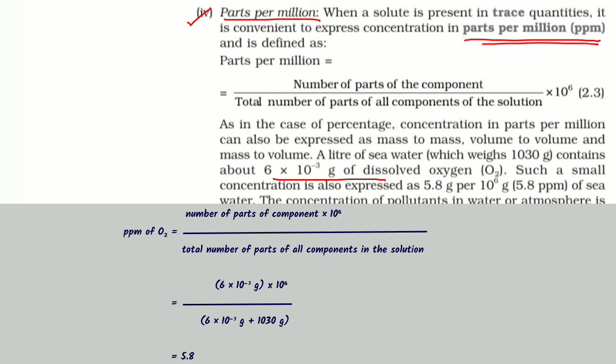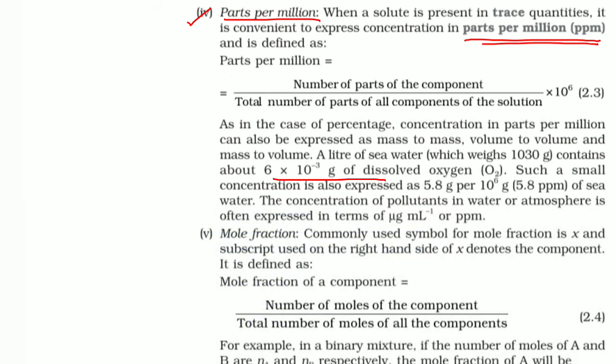So this is a very good example of representing the amount of oxygen present in seawater. Again, we can also use this technique to express the concentration of fluoride and arsenic present in drinking water.